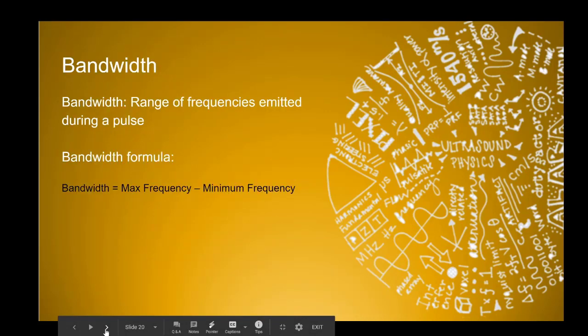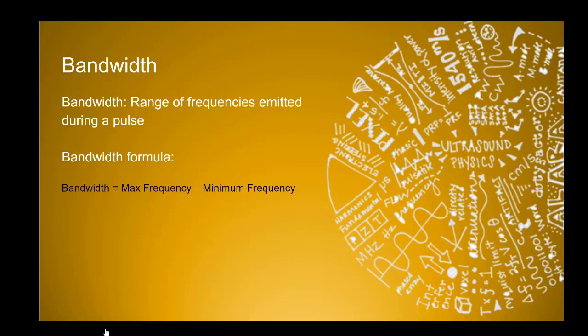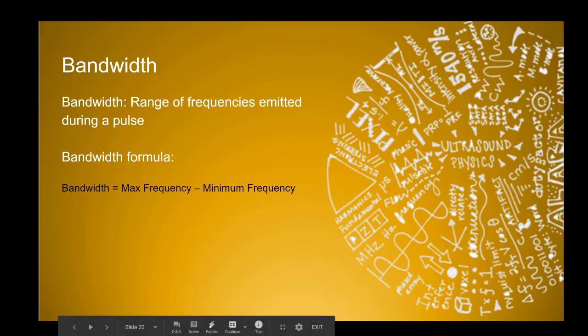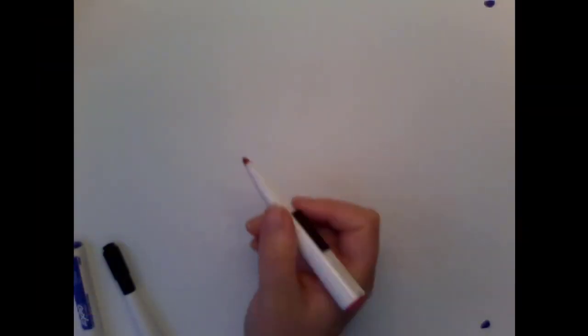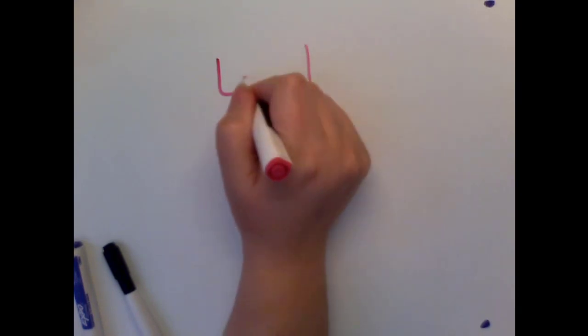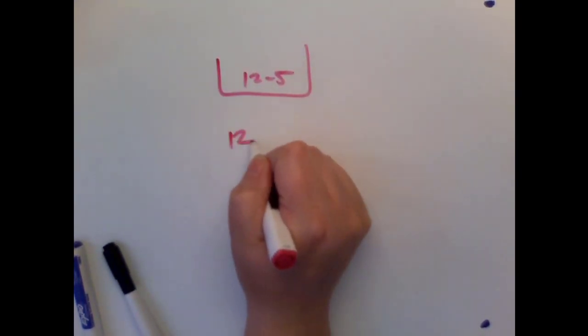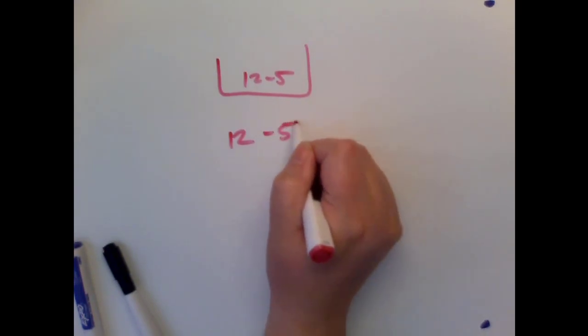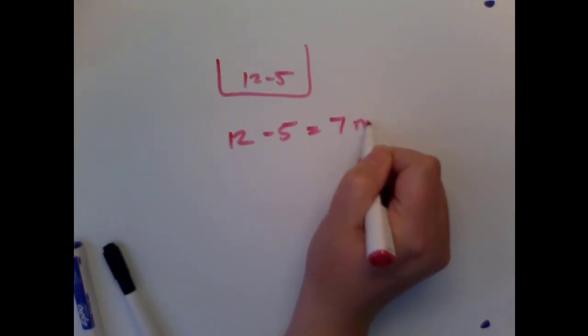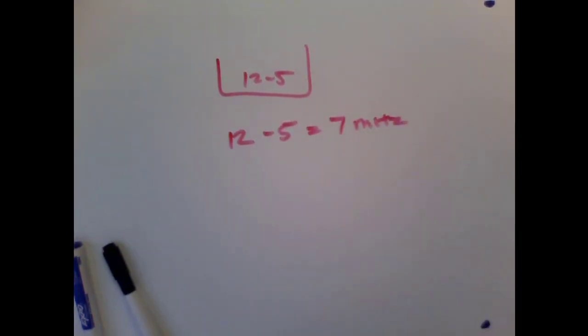So to figure out bandwidth, we would take the max frequency that a transducer can create and subtract the minimum frequency that a transducer creates, and that is our bandwidth. So for example, very common transducer that we have is the linear 12.5. So we would take our max, subtract our minimum, that means the bandwidth is 7 megahertz.